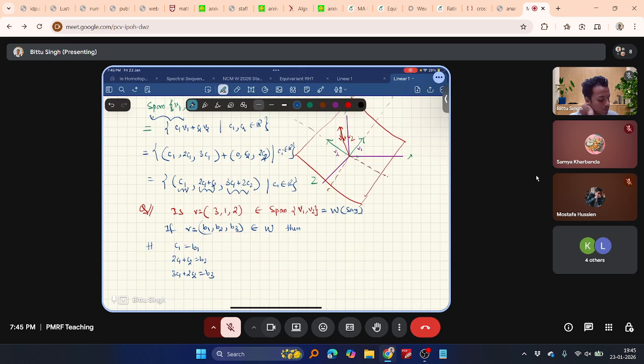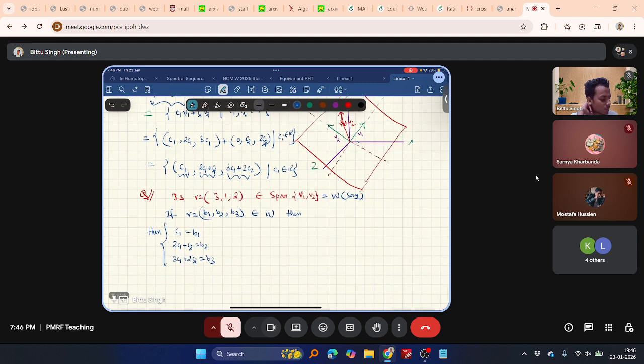So then those relations will hold, and this system has a solution. So we need to check if this has a solution or not.